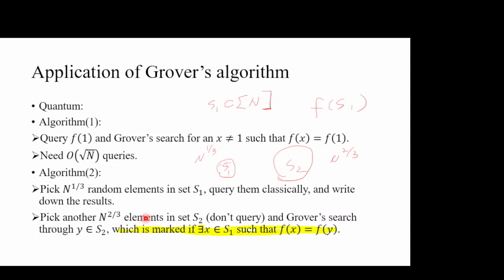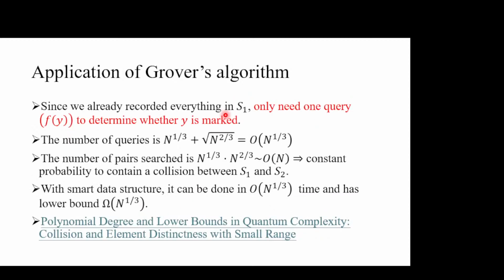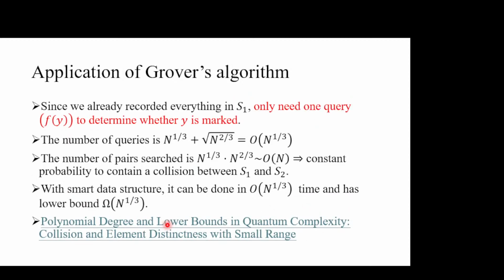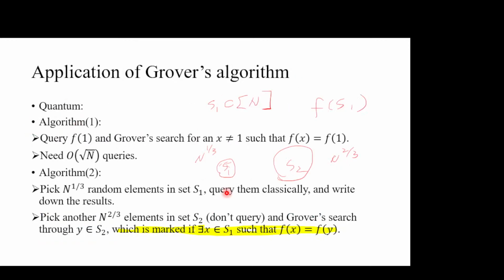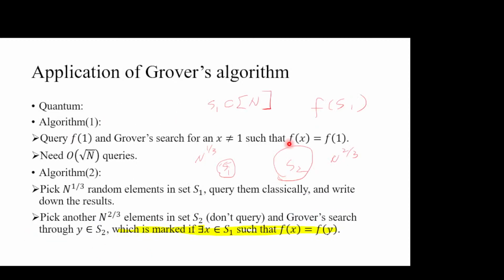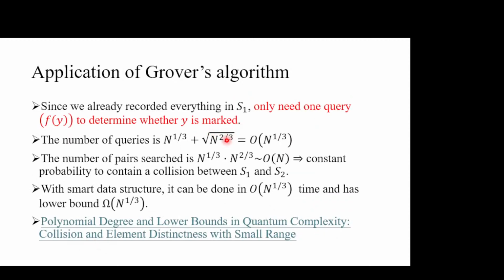So each oracle call of this Grover search can be done by one query to your f. The number of queries for the Grover search is the square root of the number of items to search over, which is square root of n to the 2/3.